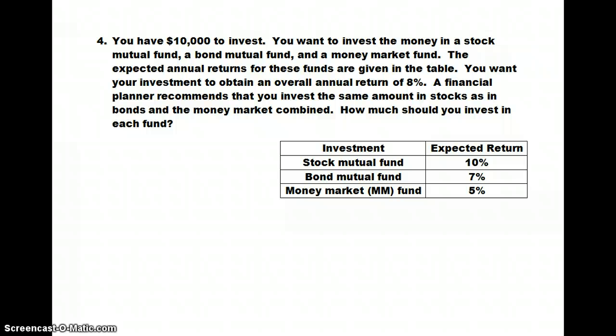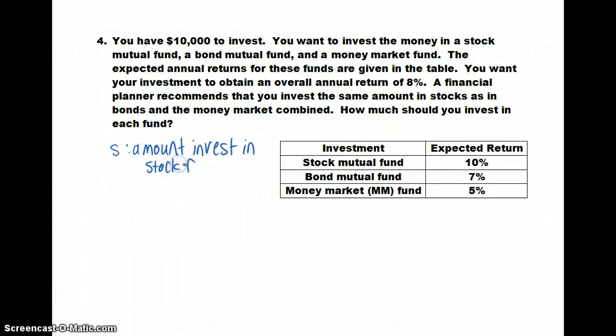So right away, let's define our variables. It's asking us how much should you invest in each fund, so I'm going to define my variables as the amount that I invest in each fund. I'm going to let S be the amount I invest in the stock fund.